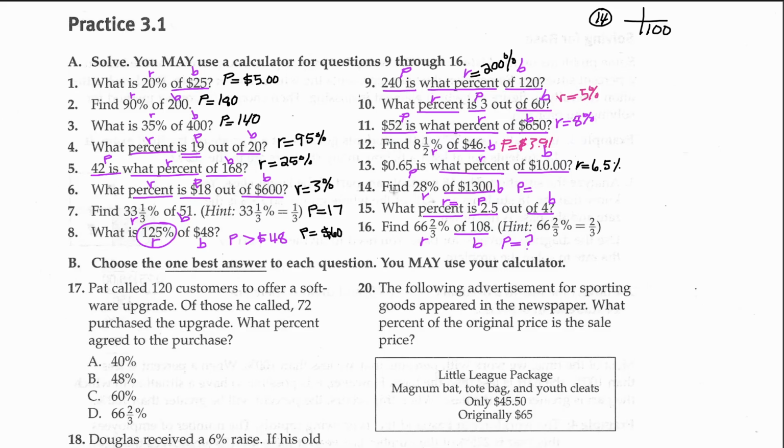Now, the 28%, that is the rate, so that goes to the top right. You can put percent, or you don't have to. $1,300 goes here, and P goes here. So to solve for it, we need to multiply 28 by 1,300 and then divide by 100.